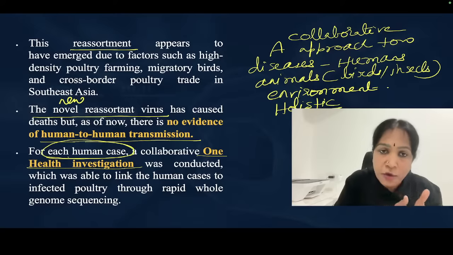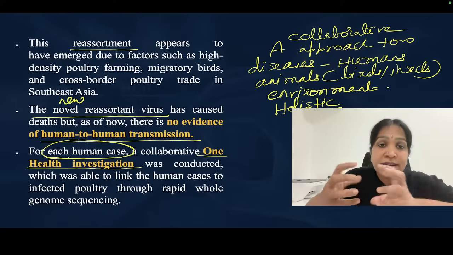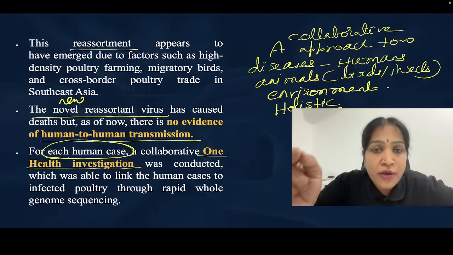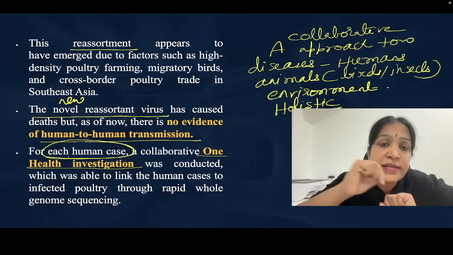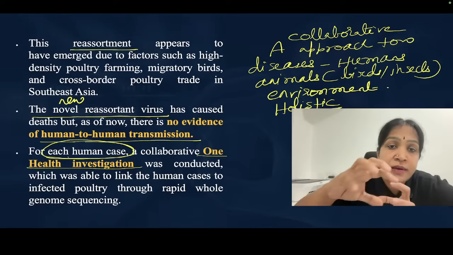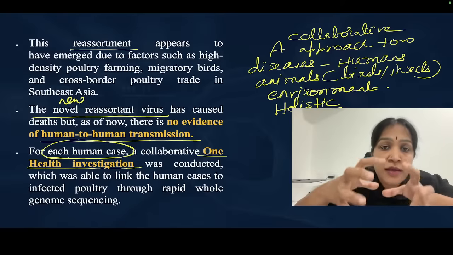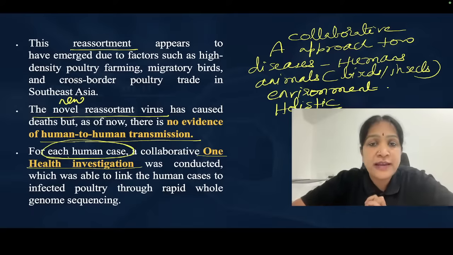We study this in the human beings, in the animals and also environment. Interaction between these things. That means how the animals are causing diseases in the humans. How the environment is causing diseases in the humans. The holistic approach between all the three components together is called as One Health approach. Very good, Saurabh. I hope it is clear for all of you.